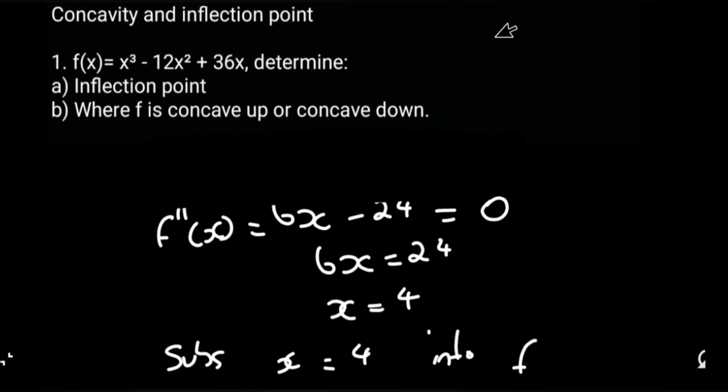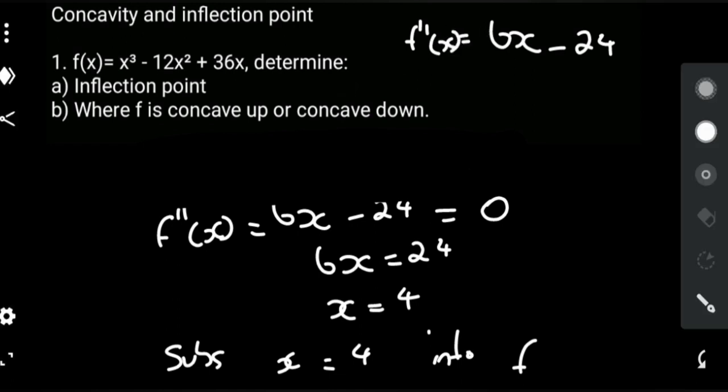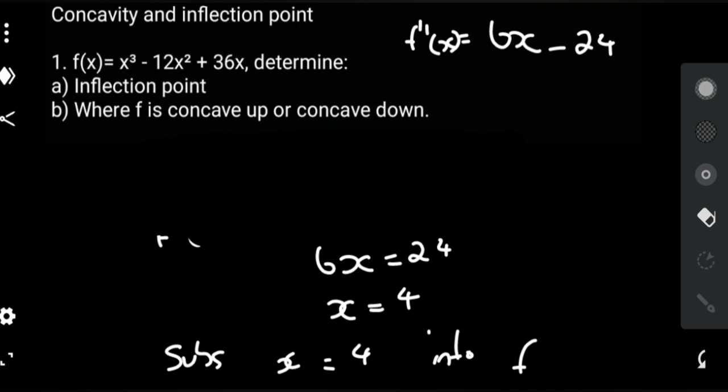So our second derivative is 6x minus 24. This is the second derivative. Let me just erase here, and x is equal to 4.